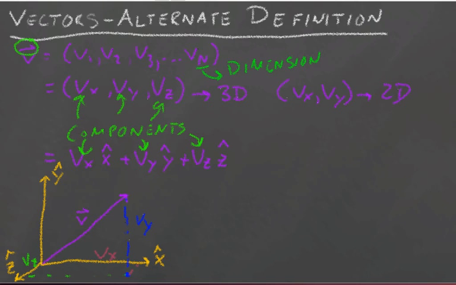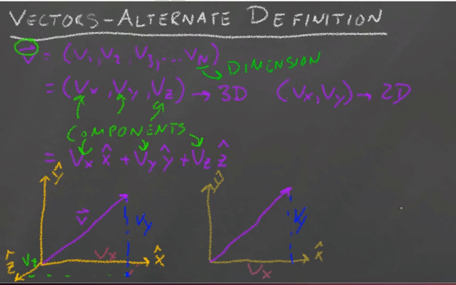It's a little bit easier if we look at this in 2 dimensions, right? Because in 2 dimensions, all we have is an x direction and a y direction. Right, so here it's easy to see that this is vy, the y component, and this is vx, the x component.